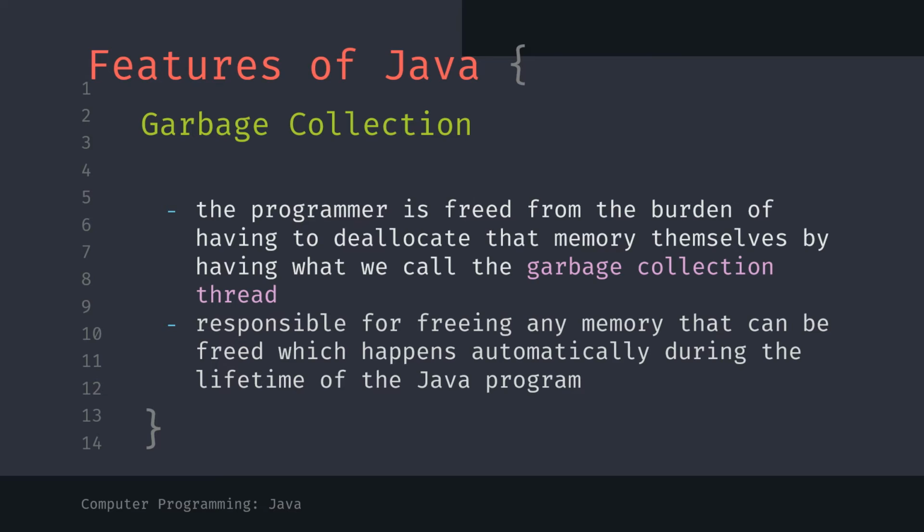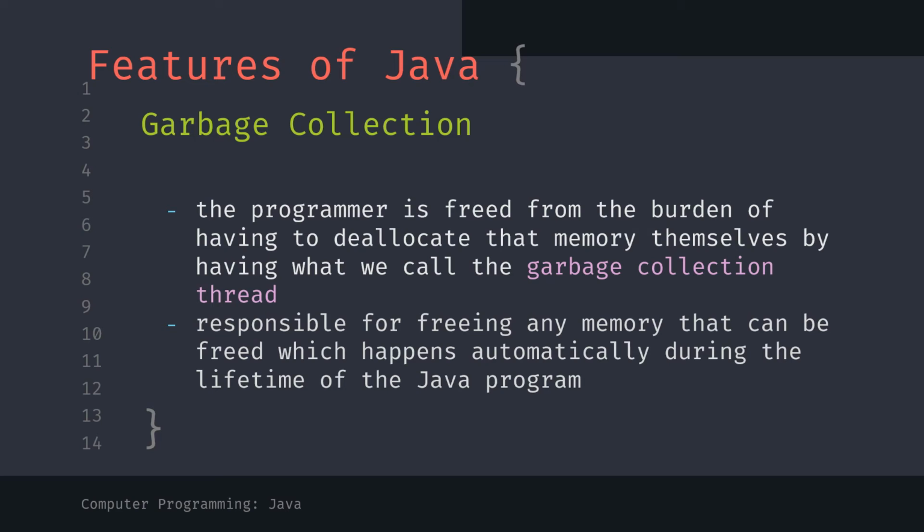Next is garbage collection. Many programming languages allow a programmer to allocate memory during runtime. However, after using that allocated memory, there should be a way to deallocate the memory block in order for other programs to use it again. In C, C++, and other languages, the programmer is responsible for this.